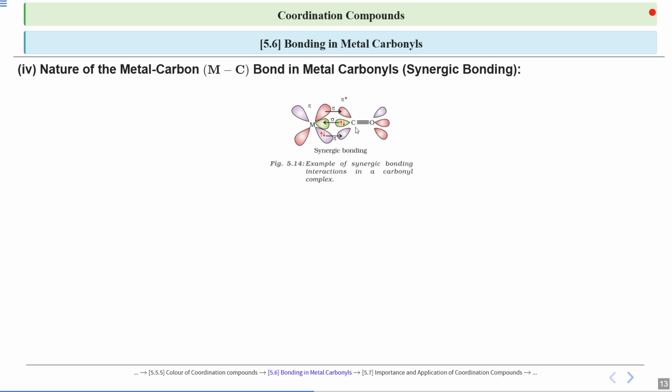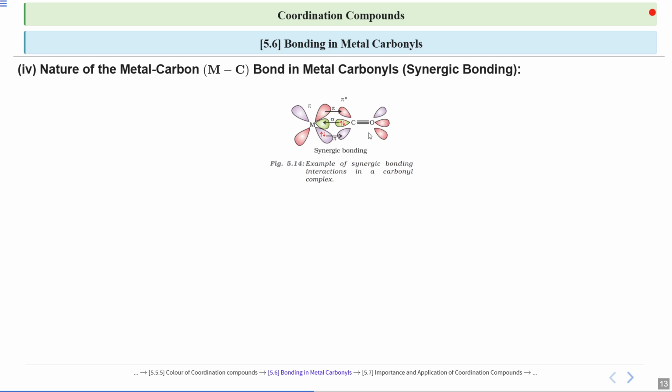Here you can see a pi bond is also forming. This pi is also written here. How? By the donation of electrons from the filled d orbital. This is the orbital which is filled, having some electrons. Now the electrons in this filled d orbital of the metal are donated to the vacant anti-bonding, that is pi star, orbital of the carbon monoxide or carbonyl.